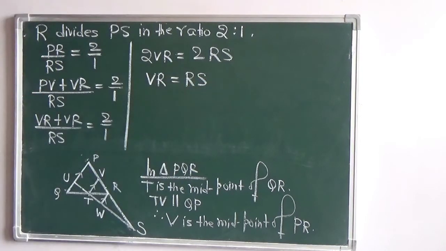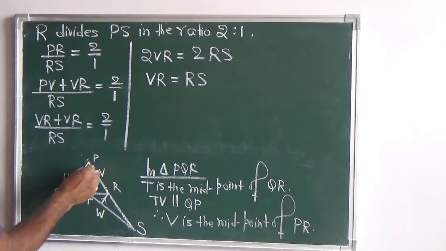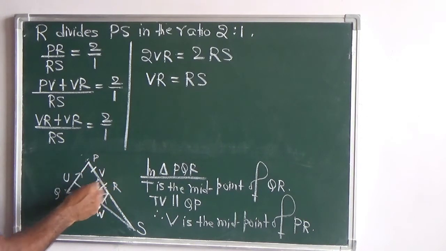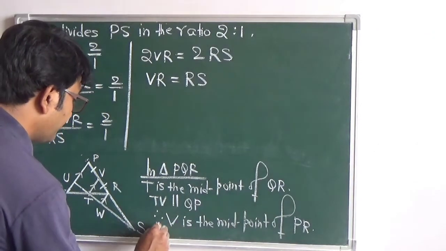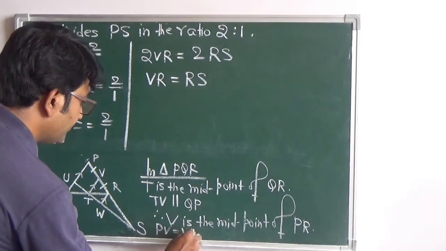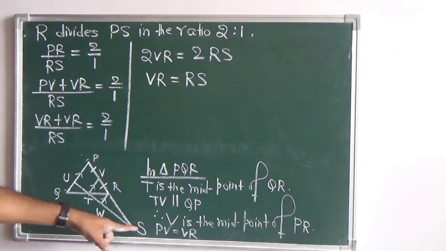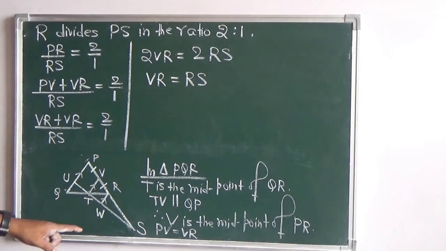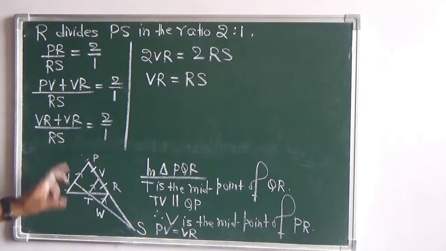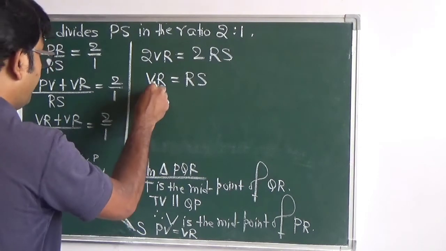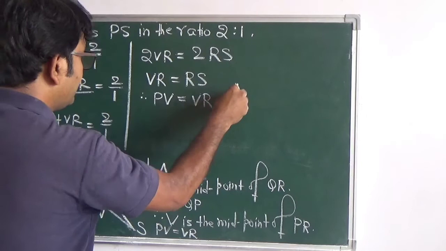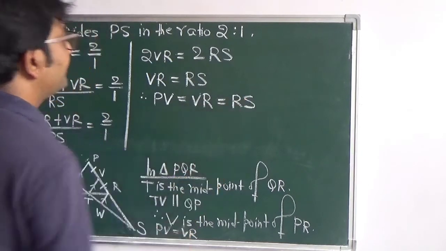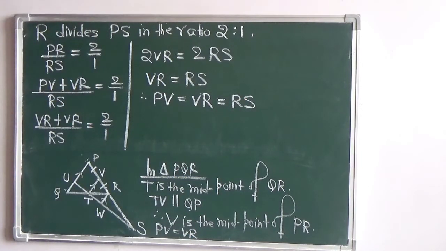So thereby we have proved that VR and RS are also equal. We have proved that PV equals VR, and now we have proved that VR equals RS. So all three are equal: PV equals VR equals RS. So this we have done.